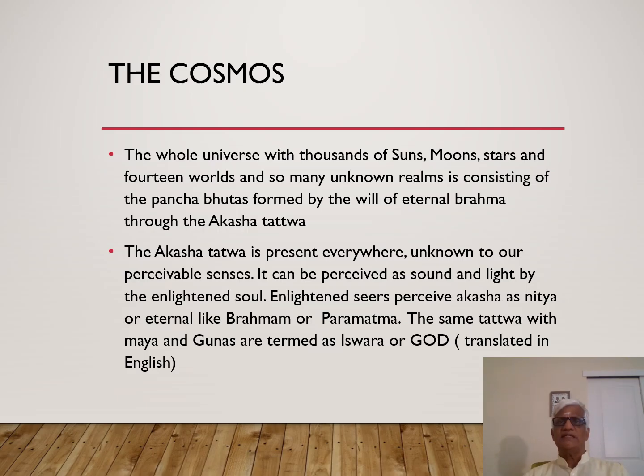You see somebody sitting in front of you. How can you see him? Only when there is a space between your eye and the person or the object. And we fail to perceive the space between us and the object which is seen by us.